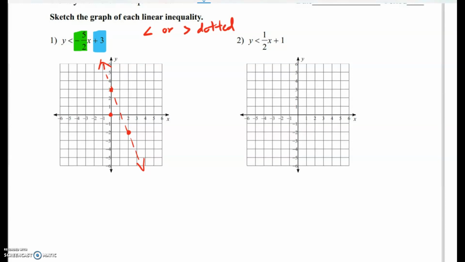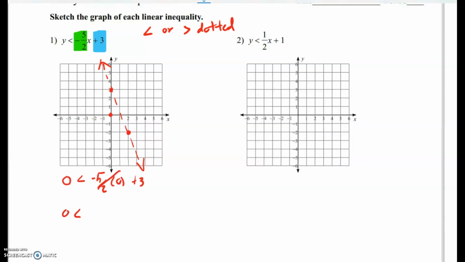Should that point be shaded? Should it be in the solution set? Well, let's see. If you were to plug 0, 0 in, I plug 0 in for y and 0 in for x. Is that going to give you a true statement? Well, -5/2 times 0 is just 0, right?